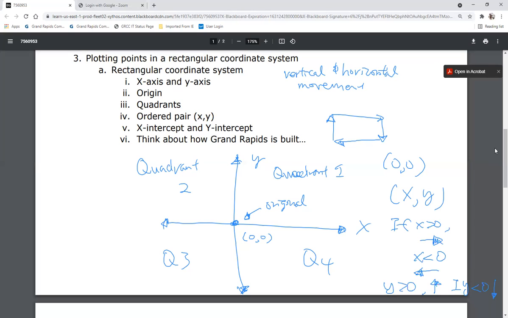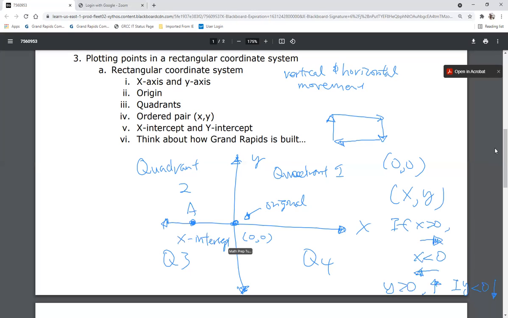Now for x-intercepts and y-intercepts, any point that sits on an axis is an intercept. For example, point A sits right on the x-axis, so it is considered an x-intercept.